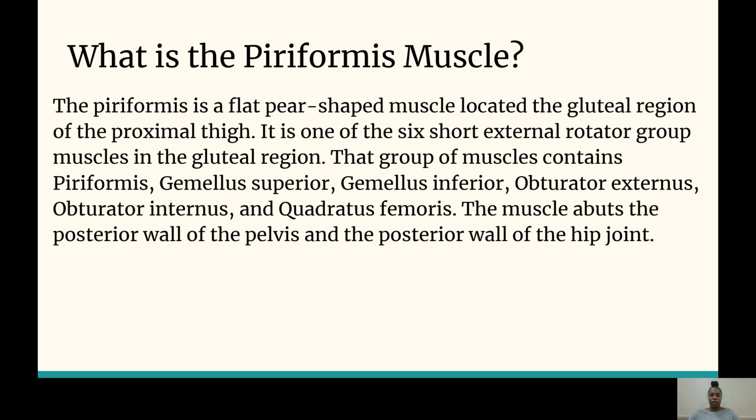It is one of the 6 short external rotator group muscles in the gluteal region, and that group of muscles contains the piriformis muscle, the gemellus superior, the gemellus inferior muscle, the obturator externus and internus muscle, along with the quadratus femoris muscle. I'm sorry if I pronounced that really weird. The muscle abuts the posterior wall of the pelvis and the posterior wall of the hip joint.